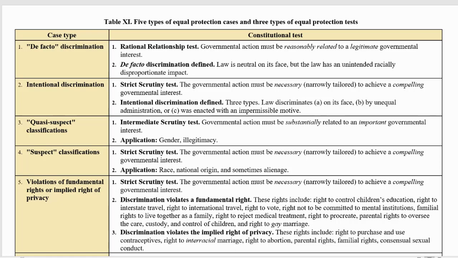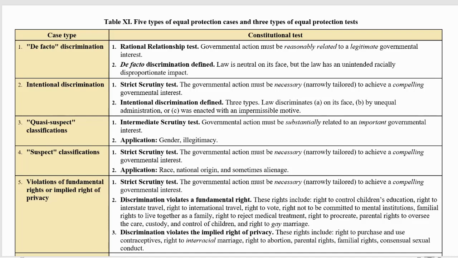Well, you don't have to show a narrowly tailored action that was meant to achieve a compelling governmental interest, but you have to do something almost as difficult, right? Because the judges care deeply about suspect, or rather quasi-suspect classifications, and when you discriminate based on sex.